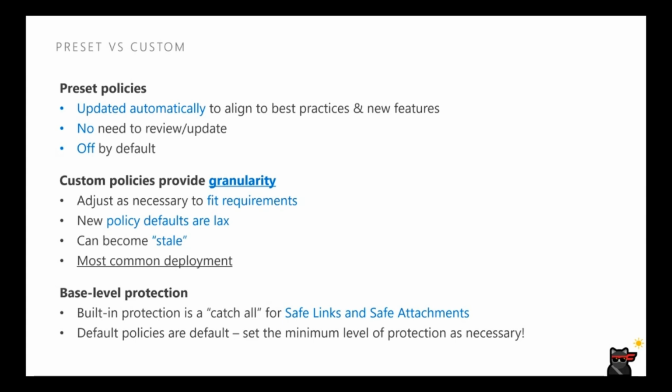But really, the preset policies are the ones that we strongly recommend. The built-in policies are a little different than the default ones, in that they aren't adjustable. So they don't work like a default policy in that regard. They are indeed just a base catch-all level of protection as it relates to safe attachments and safe links.